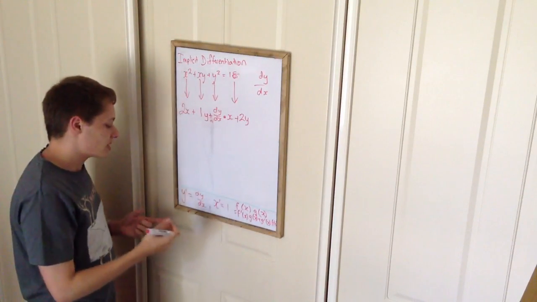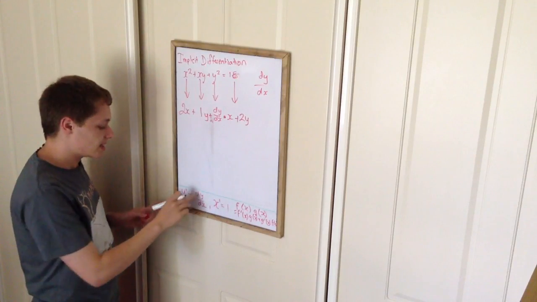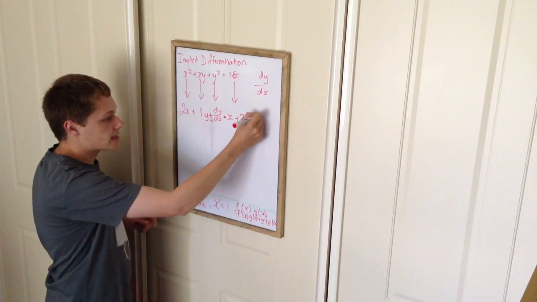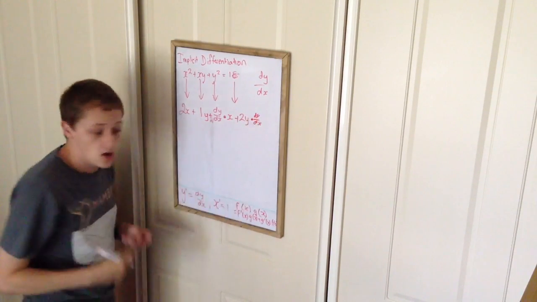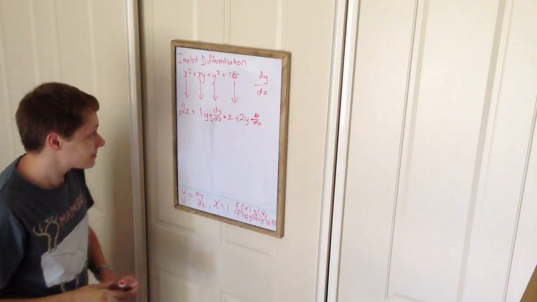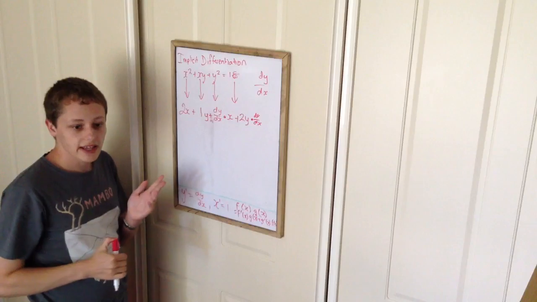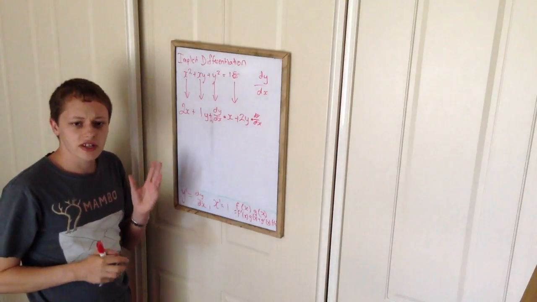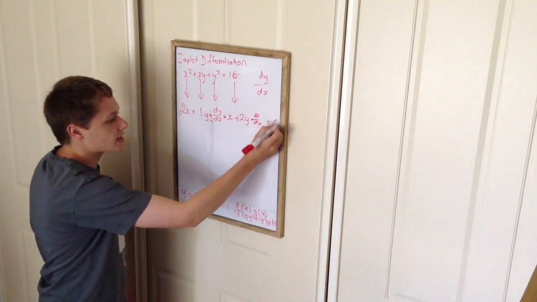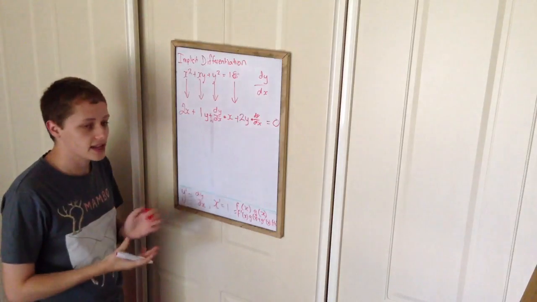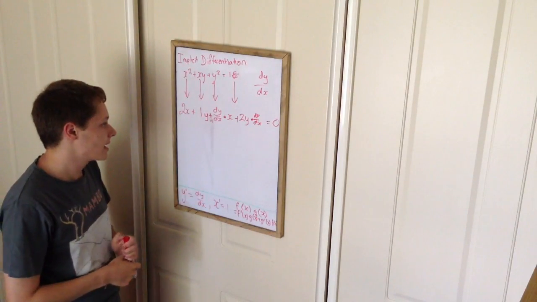And again, because we're taking y prime, we need to multiply it by dy over dx, because we're differentiating with respect to x. So now we differentiate our constant on the end there, and the derivative of a constant is always 0. So that's nice and simple there. Again, just another rule to keep in mind.